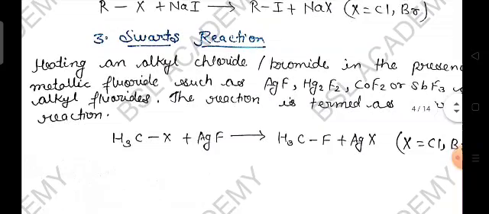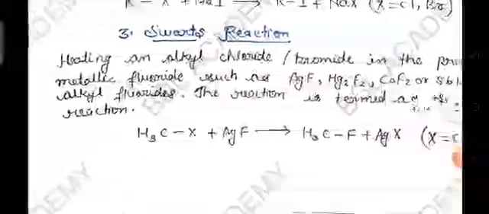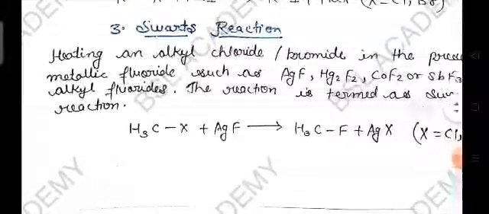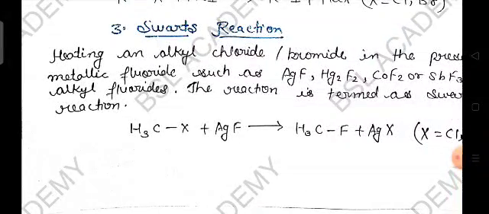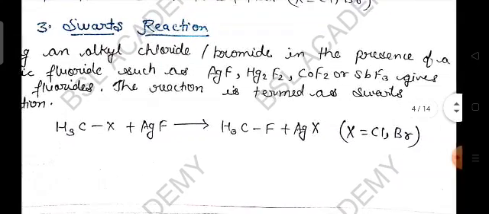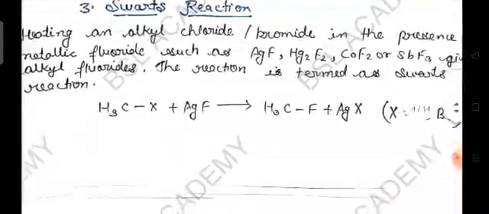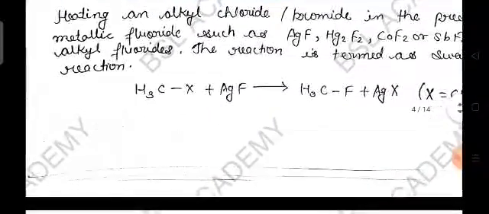Now next, Swarts reaction. Heating an alkyl chloride or bromide in the presence of a metallic fluoride such as AgF, Hg2F2, CoF2 or SbF3 gives alkyl fluorides. The reaction is known as the Swarts reaction.